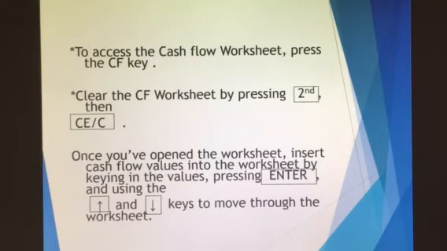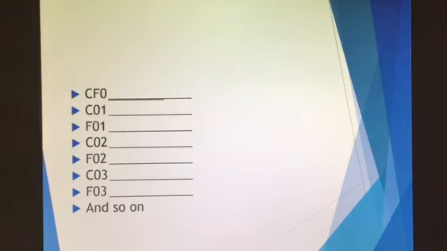Once you've opened the worksheet, insert the cash flow values into that worksheet by keying in the values, then pressing Enter, and then using the up and down arrow keys to move through the worksheet. So, when you open the worksheet, you'll be prompted for CF0. That's the cash flow at time 0, and that amount is a $145,000 outlay.